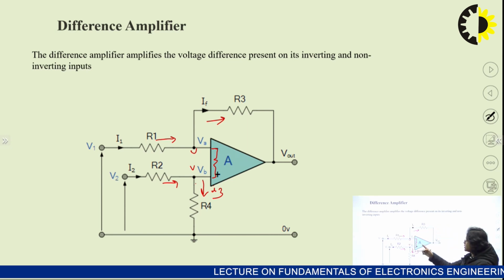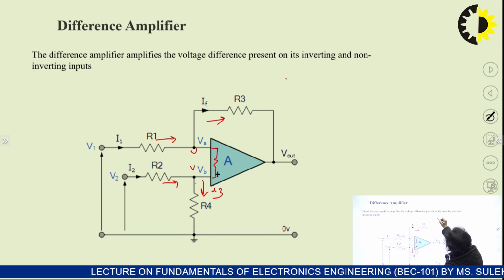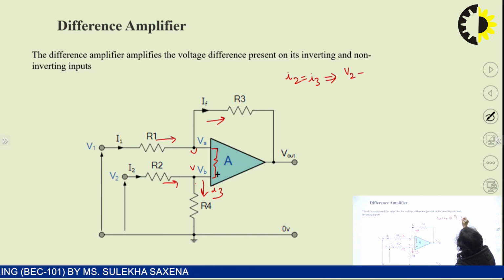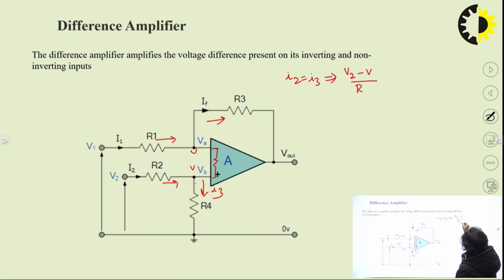So, we can say I2 equal to I3, that is, V2 minus V by R2 is equal to V by R4. From here we will calculate V and substitute it in the upper equation.